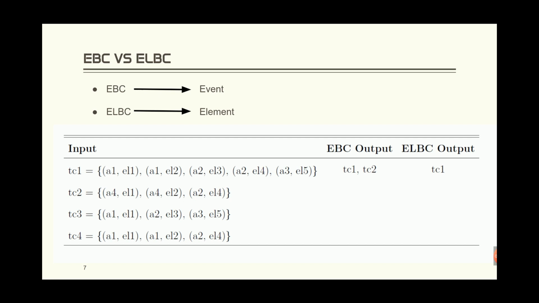And therefore, test cases 2, 3, and 4 will be deleted, and the output of ELBC will be only test case 1, which represents only 25% of the original suite.